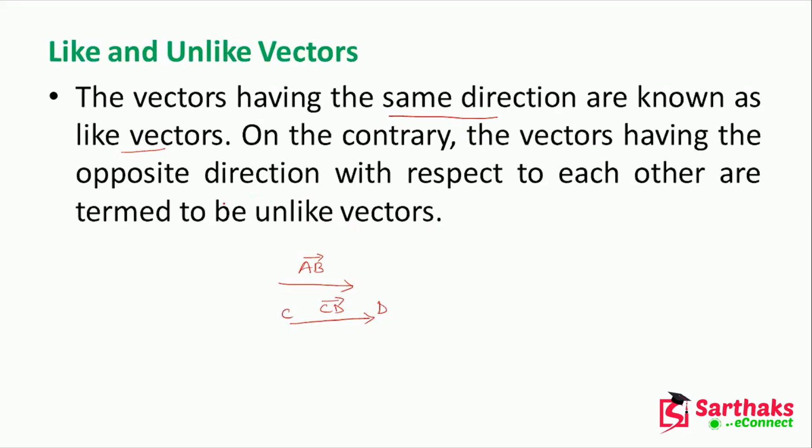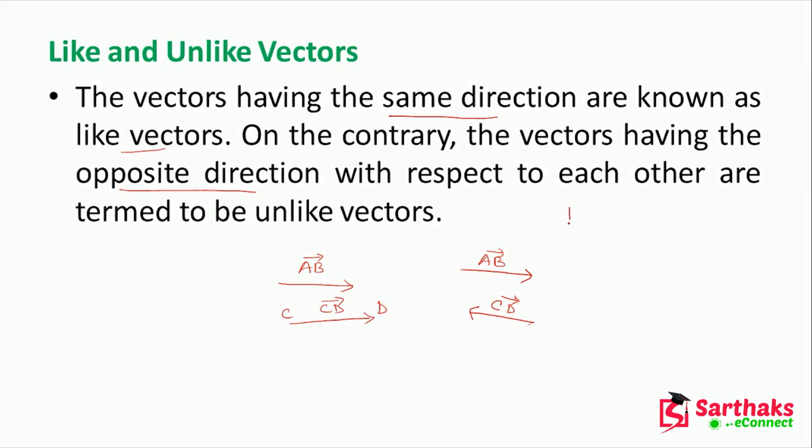And the vectors that have opposite directions with respect to each other. Suppose this is our AB vector and this is our CD vector. That means they are in opposite directions. At that time we say that these are unlike vectors, right?